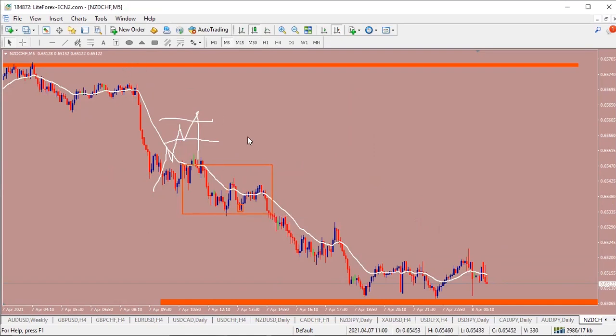Yes. But instead, it went back up. It retraced back up like this. And did what? Finally breaks 5 minutes market structure. Now we have a 5 minutes bearish close. Now what is the next thing? 15 minutes, right?